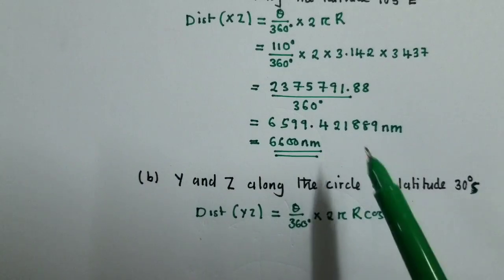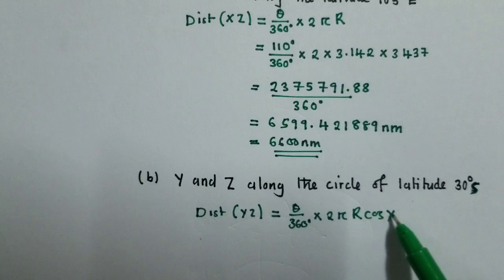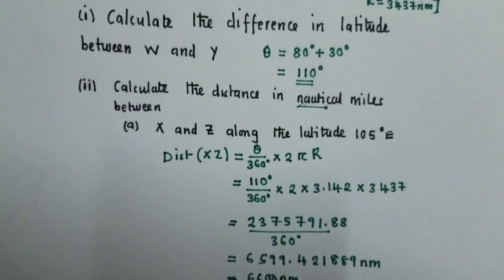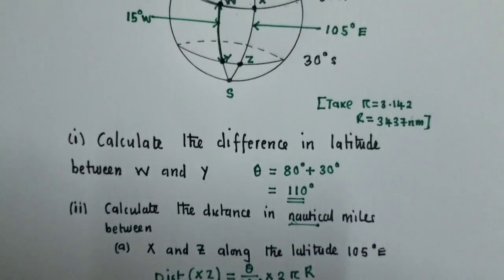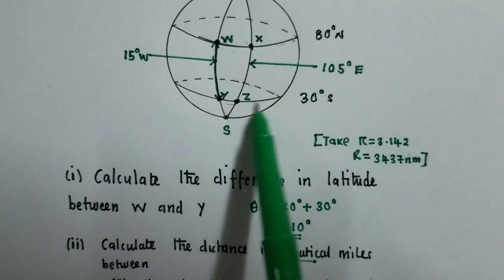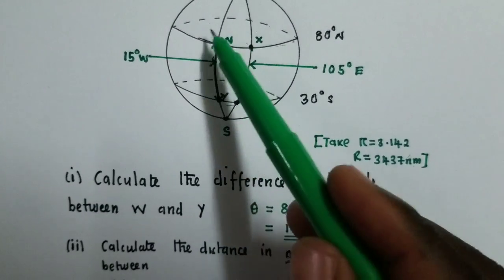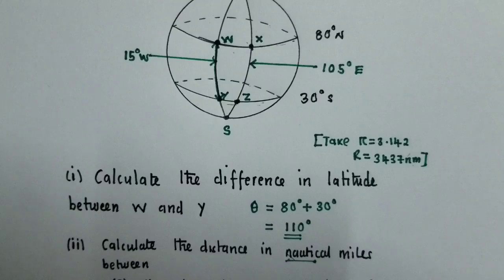So you see the difference. Here there was no cos x, here there is cos x. Why do we put cos x here? This is because the distance that we are finding is happening along the latitude. If it's along the latitude, we use cos x. If it's along the longitude, we don't put cos x.